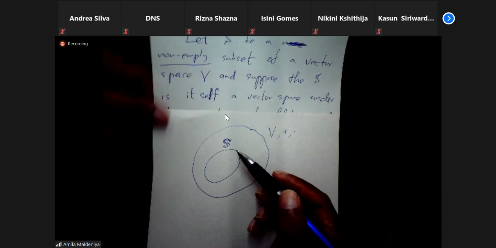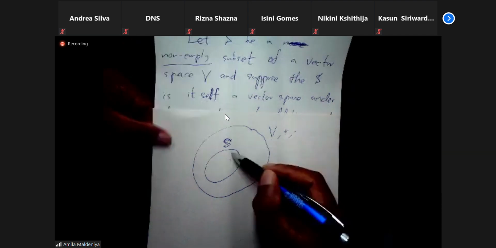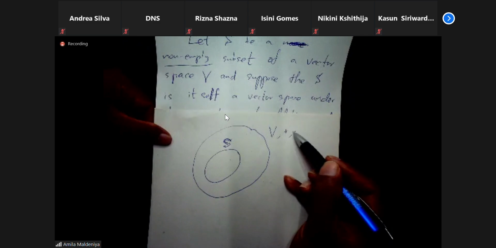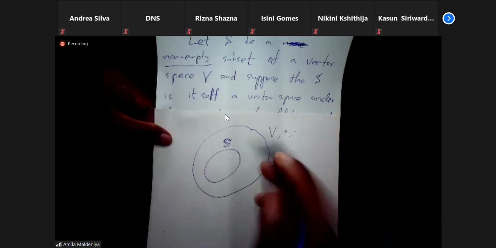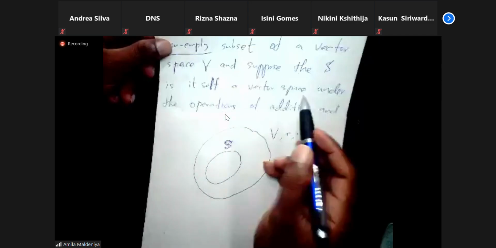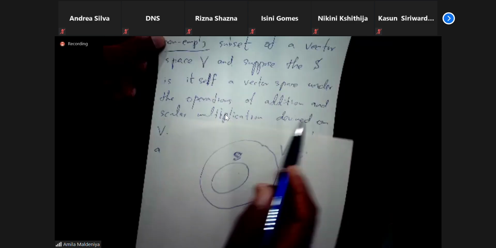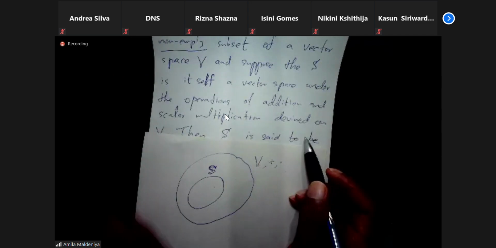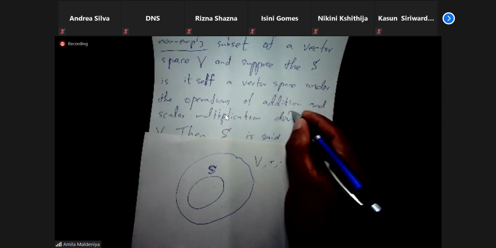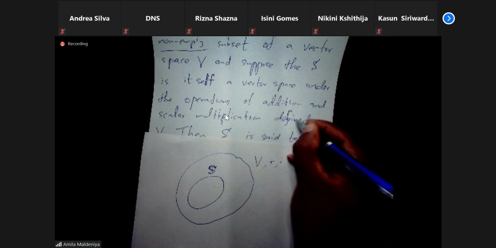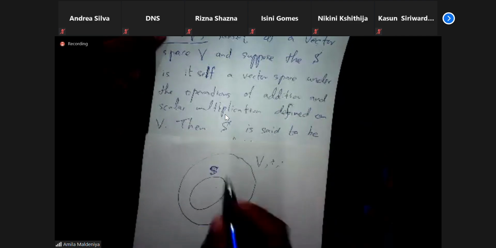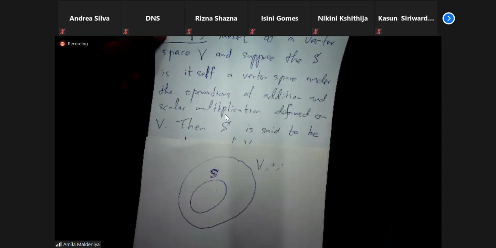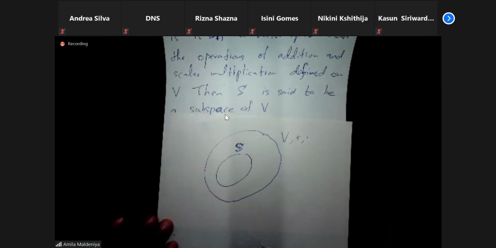If you like, you can define new ones, but in a subspace we consider the addition and multiplication defined on V. That's why S itself is a vector space under the operations of addition and scalar multiplication that have been defined on V. V is a vector space over addition and scalar multiplication.